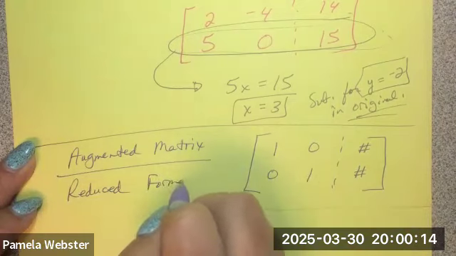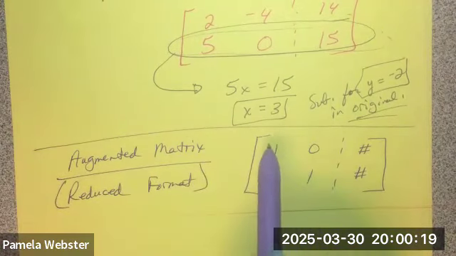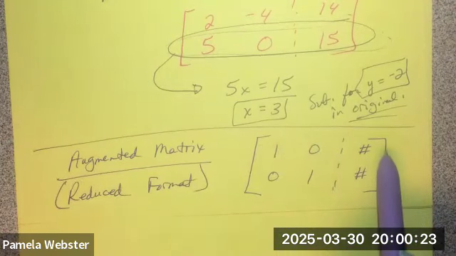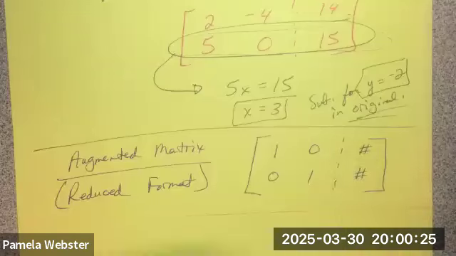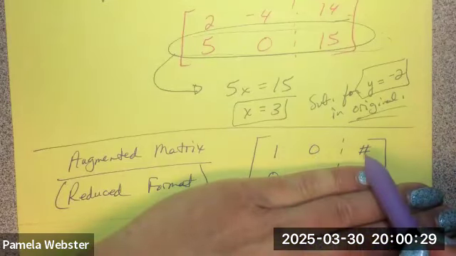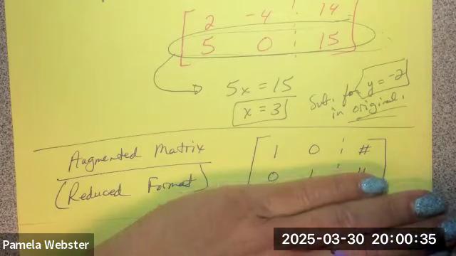And if I can force it to look exactly like this, 1 0 and a number, let's interpret that. What would that say? 1x plus 0y equals some number. So x equals a number. Hey, that's cool. That would be easy to read, wouldn't it?